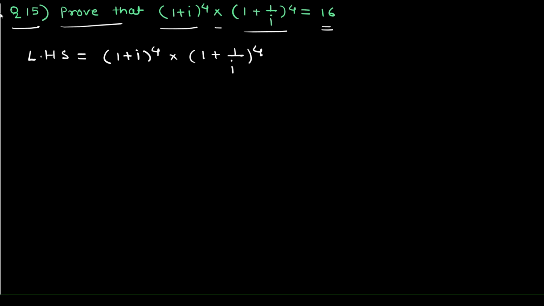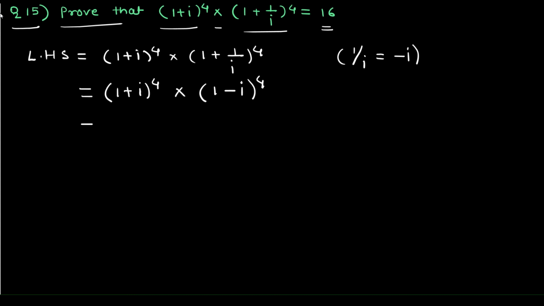Again we know that 1 upon i can be expressed as minus i. So here I will write down the term (1 plus i) to the power 4 into (1 minus i) to the power 4.